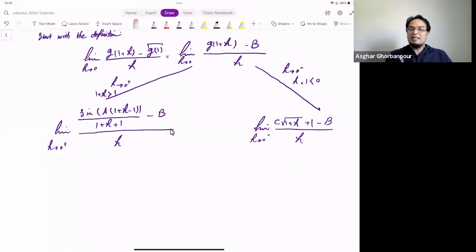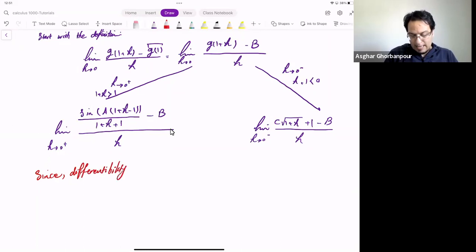But I can deal with simpler conditions, since differentiability at x equal to 1 implies continuity at x equal to 1.